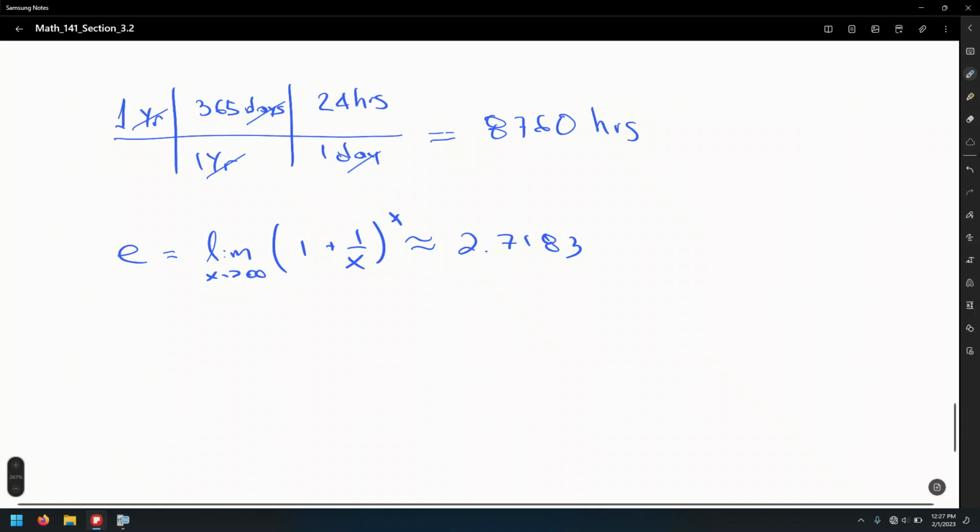Here is what I'm going to do. I'm going to consider the function f of x equals 1 plus 1 over x to the x power. I'm going to type this on the graphing calculator. We're not going to look at the graph. I will just generate values so you can see what we are going to get.